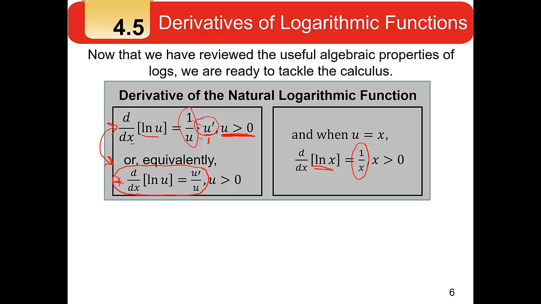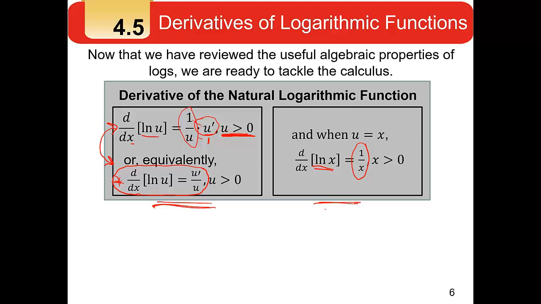It's just 1 over x, because the derivative of x is 1. So if you wrote x prime over x, the derivative of x would be 1, and you just get 1 over x. So if u is a true function of x, you have to think of it like this. If it really is just x, the derivative of natural log of x is 1 over x.